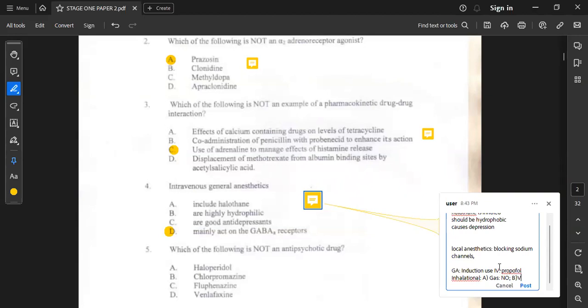And also the differences between the general and the local anesthesia. So the general ones will act on the CNS, while local anesthetics will work on the peripheral nerves. The area involved in general anesthesia is the whole body, while for the local it is just a restricted area. And you lose consciousness in general anesthesia.